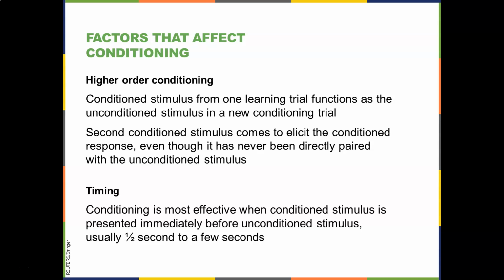And then eventually the dog would start to salivate to the sound of the metronome without having to respond to the ringing bell, if that makes sense. So it was a second conditioning that occurred, and that's what's known as higher order conditioning. I think thinking about those examples is a quicker, easier way to learn exactly what these terms mean.